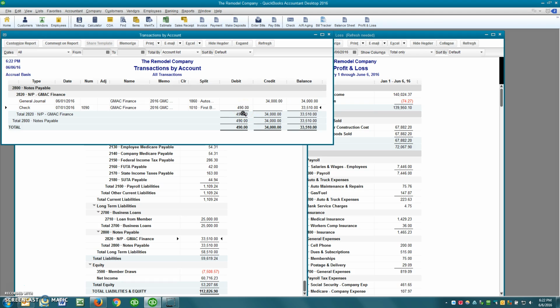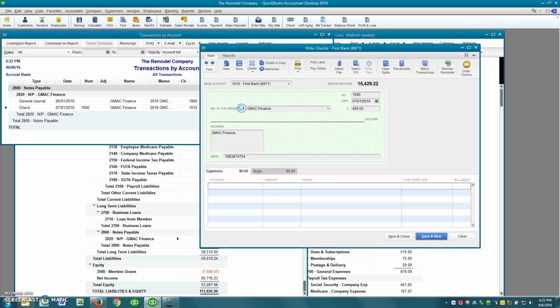If you want to obtain an amortization schedule and record each month's payment, as it is, if you want to split the principal and the interest out, let's just say for round numbers that $390 of this was principal and the remaining $100 was interest. We would do it like this.